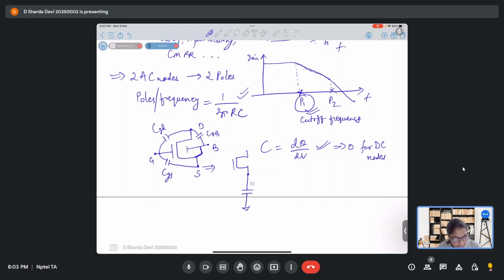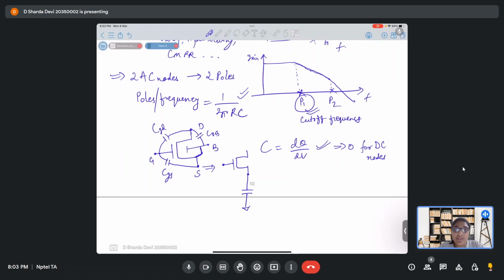Why? Because this is a DC node. That means it is DC shorted. Right? We talked about this. Capacitance कब आता है into picture? When we are going for AC analysis. And when we do AC analysis, we make a small signal model. And in the small signal model, what do we do?